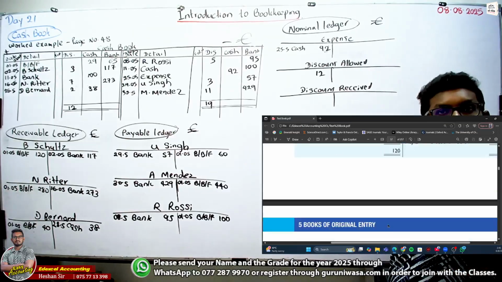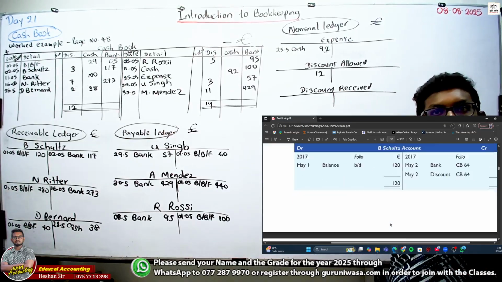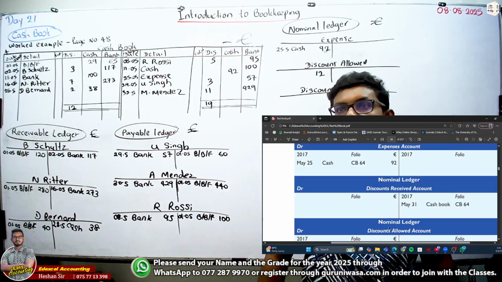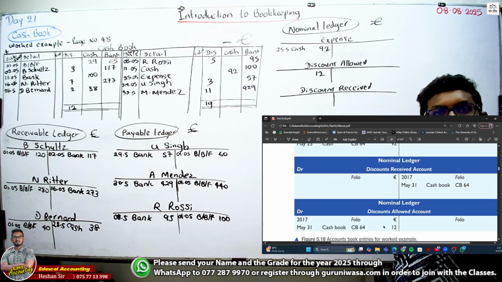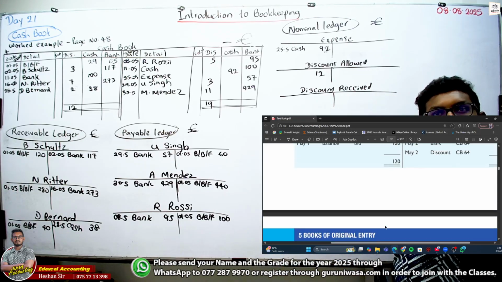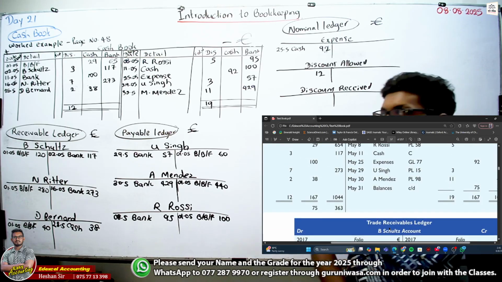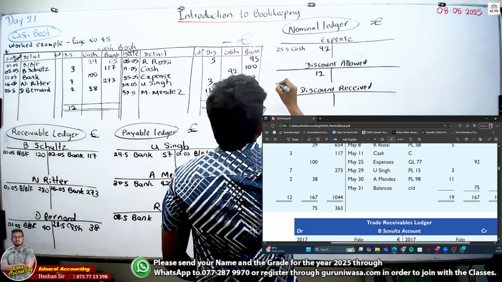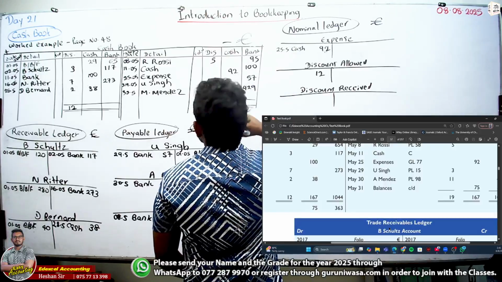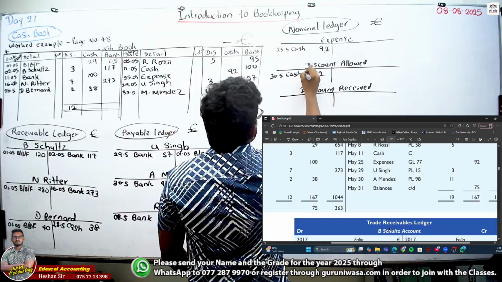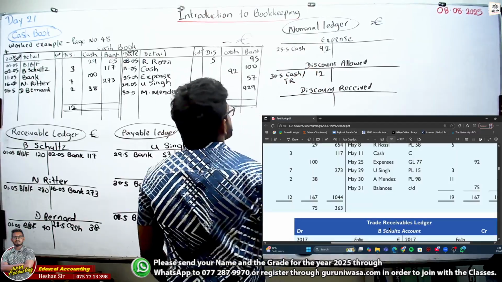At the end of the month, you can write the month end date, 30th of May, cash, or you can write trade receivables.